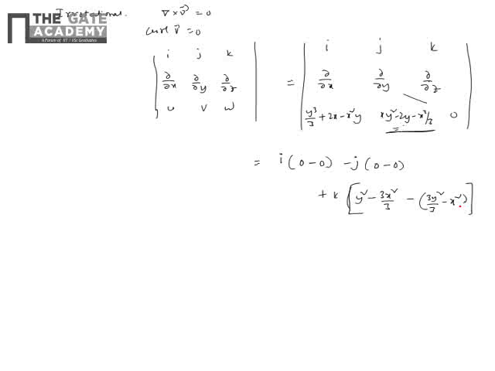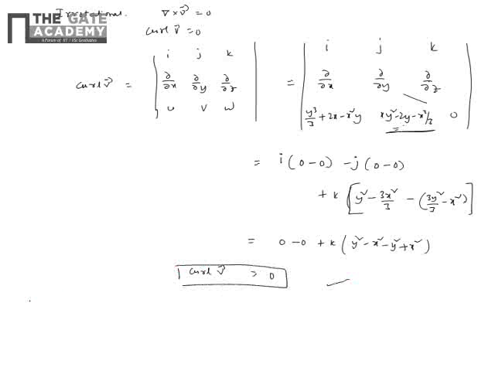So you have 0, 0, plus k times y square minus x square minus y square plus x square, so this is in fact 0. So your curl of velocity vector is 0, so it's a case of irrotational flow.